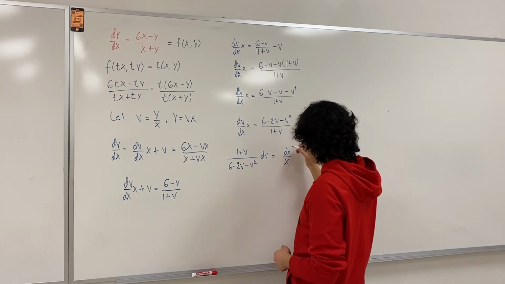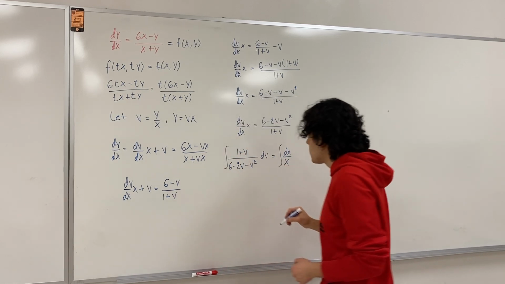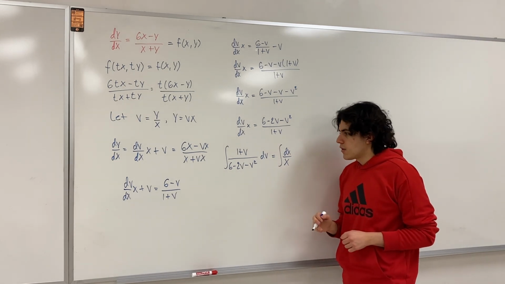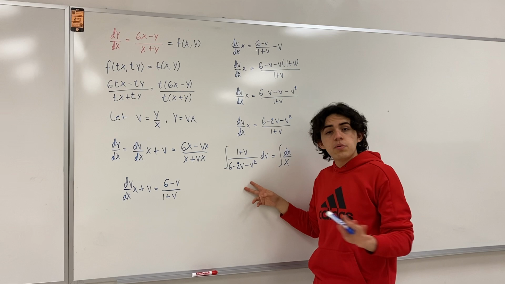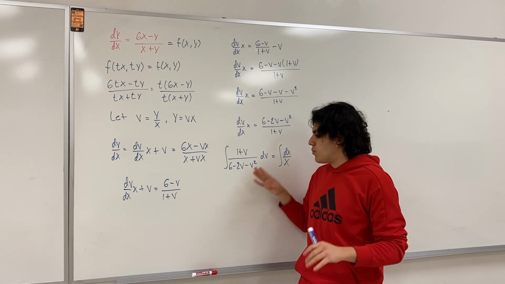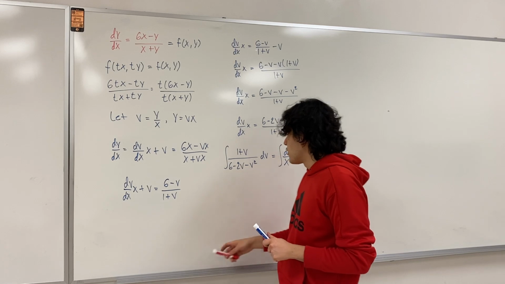And now we just want to integrate. So we want to integrate both sides of this equation, and that's going to give us an expression for v. Now, this may look a little hard. Most people would go straight and do partial fractions. That could work, but I think there's something much better you can do.